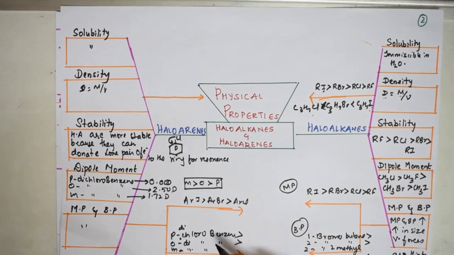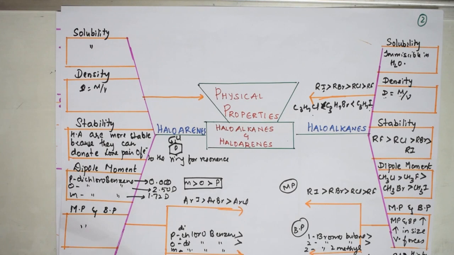These are all isomeric dihalides. What is the reason? Here the reason is boiling point decreases as the branching increases and the surface area also decreases. In the other way, let us understand.